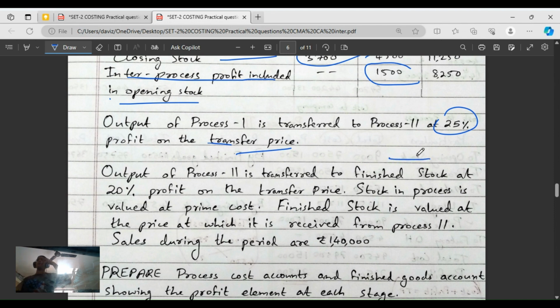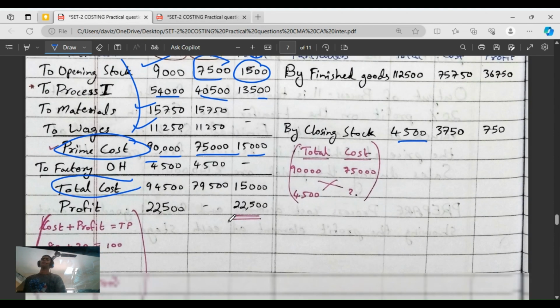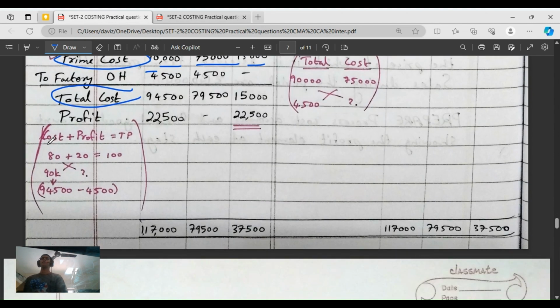Now the question is saying that the output of process 2, after completing process 2, is transferred to finished stock at 20% of profit on the transfer price. Here also the same method. Cost plus profit is transfer price. If the transfer price is 100%, then the profit is 20% and cost will be 80%. We know the cost. Total cost is 94,500.